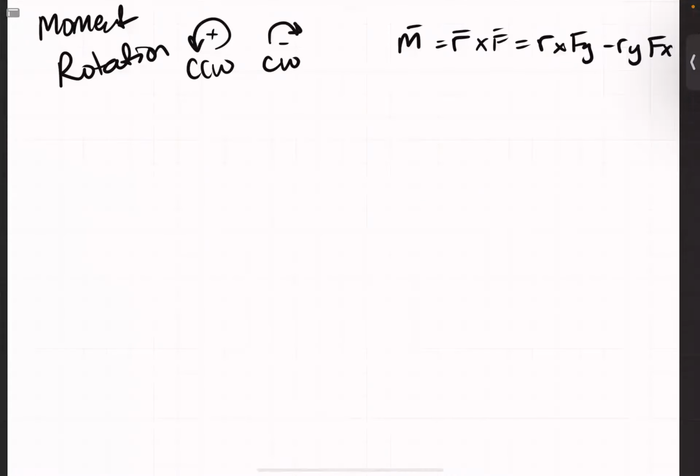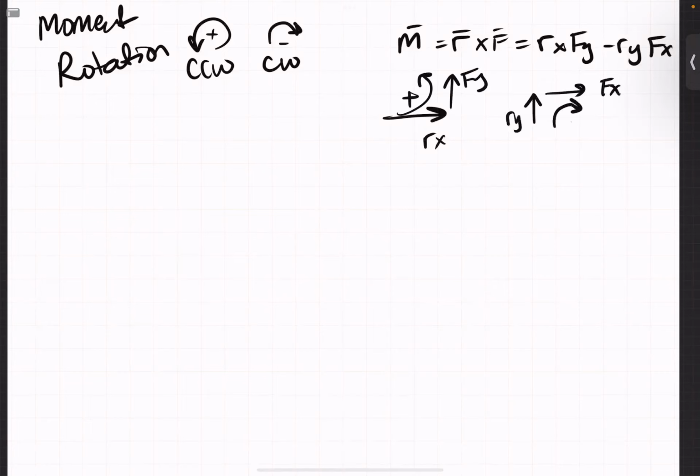I'll have this equation on there. So you can either look at Rx Fy as counterclockwise rotation and Ry Fx as negative, and plug each of the individual components in to calculate the number, or you can go in and manually do it and figure out whether it's counterclockwise or clockwise.